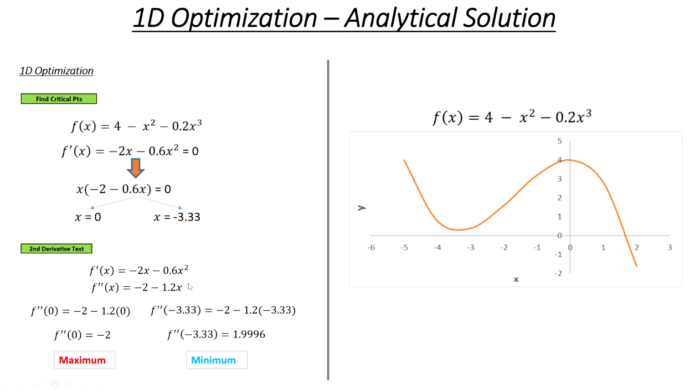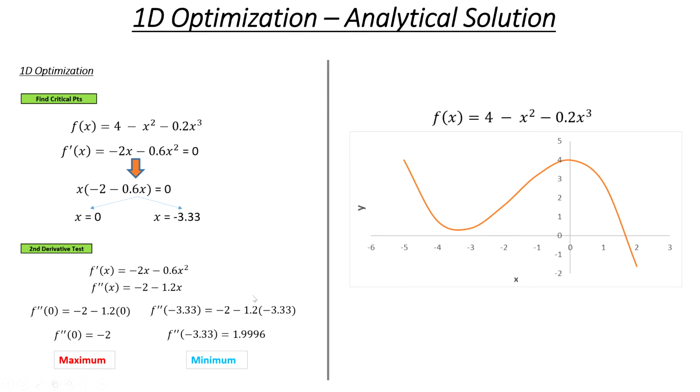Now if I take the 0 and put it here, you're going to find that the second derivative at 0 is negative 2, and since it's negative, we have a maximum. And if we evaluate negative 3.33 in this, we get 1.9996. So it is positive at negative 3.33, which means at negative 3.33 we have a minimum.